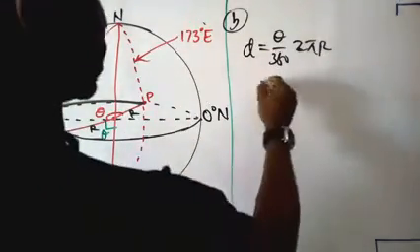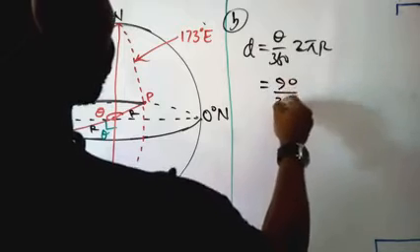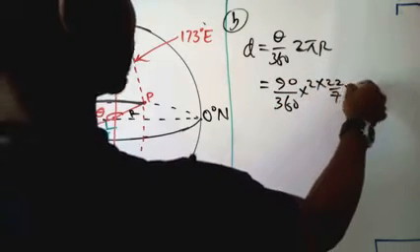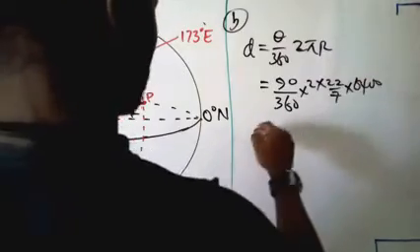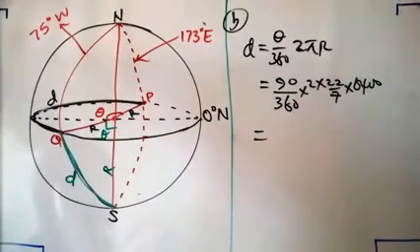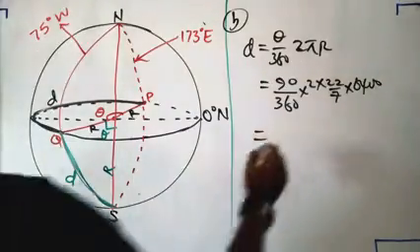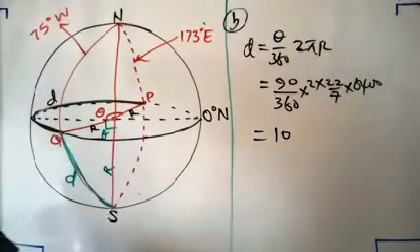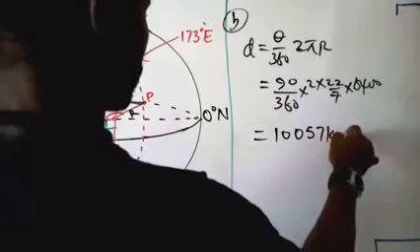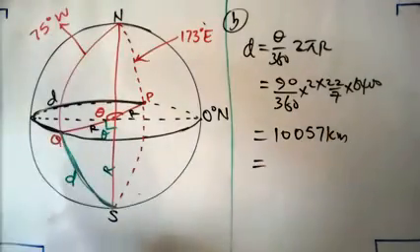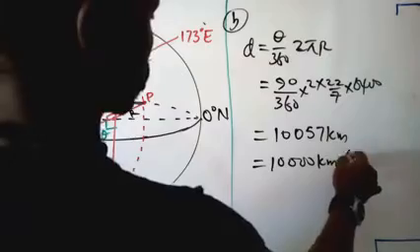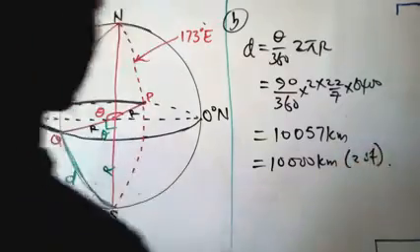So we have 90 over 360 times 2 times 22 over 7 times 6400. And whatever you get will be your answer. In this case, you will get 10057 kilometers, and that will be 10,000 kilometers to two significant figures.